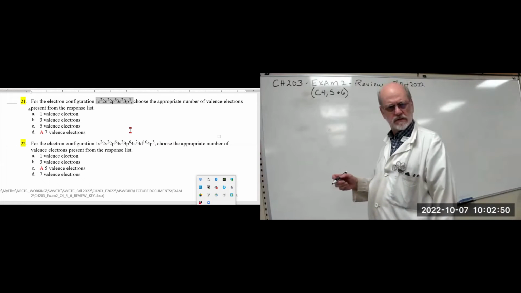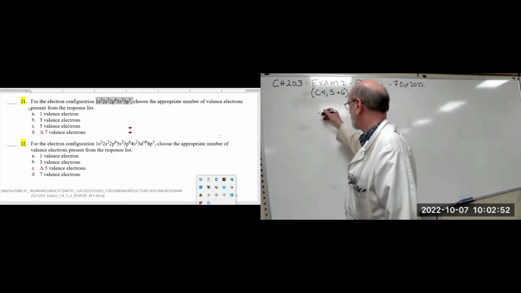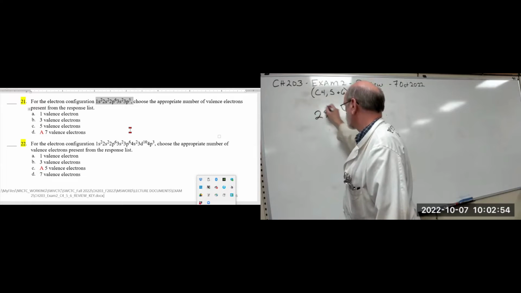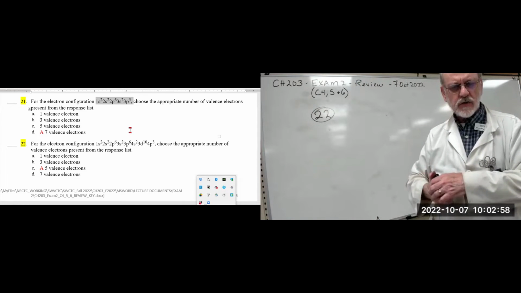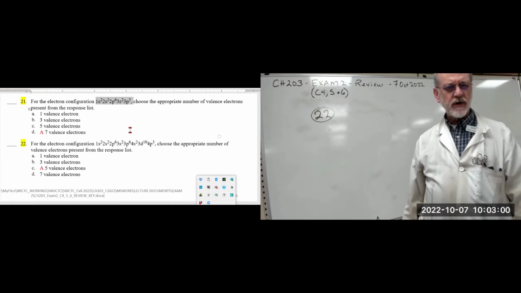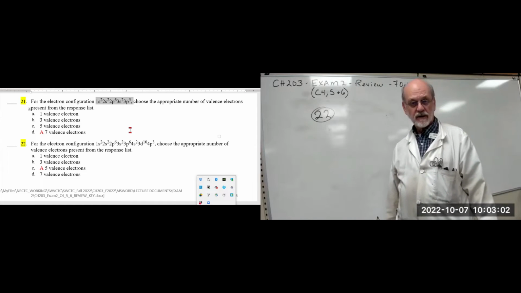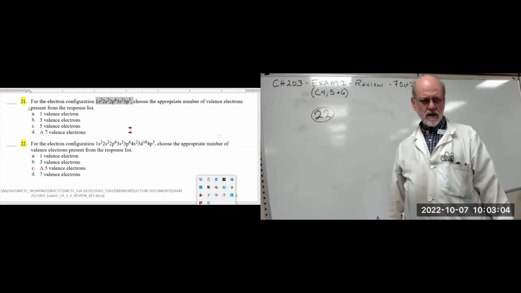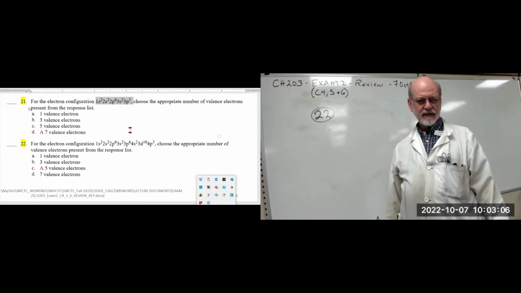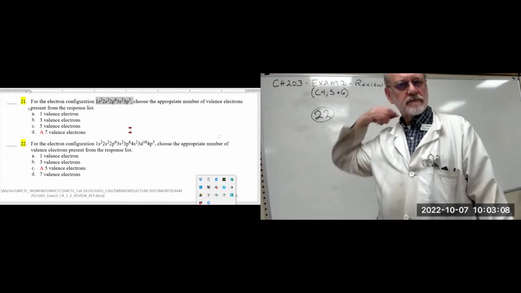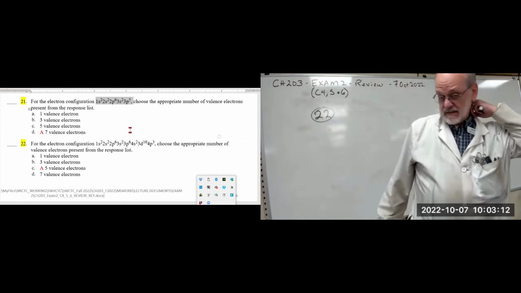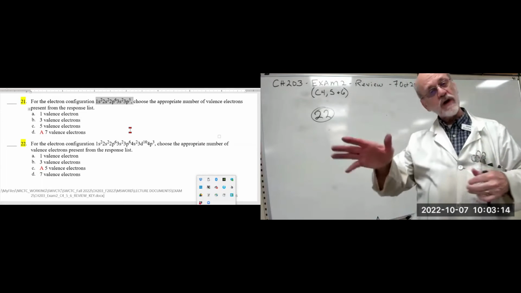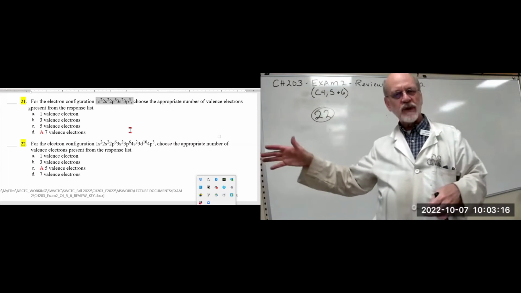22. For this electronic configuration, choose the appropriate number of valence electrons present. This one is kind of funny, actually, because it goes 4s2, 3d10, 4p3.